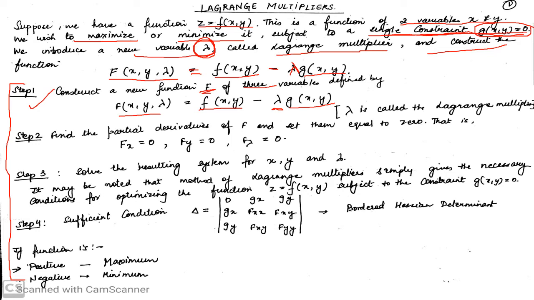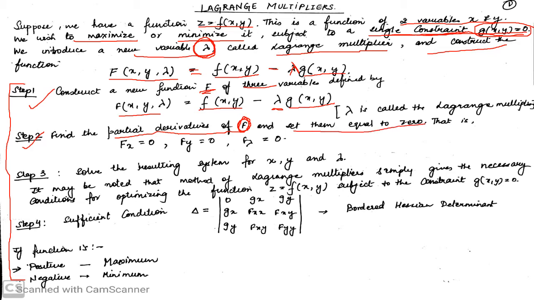Then step 2 is to find the partial derivatives of this new function f, and set them equal to 0.